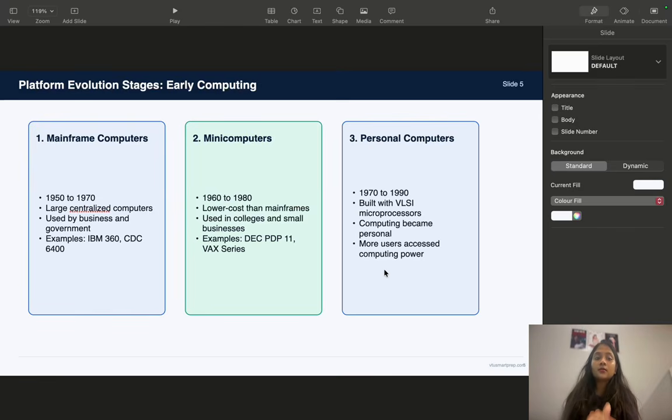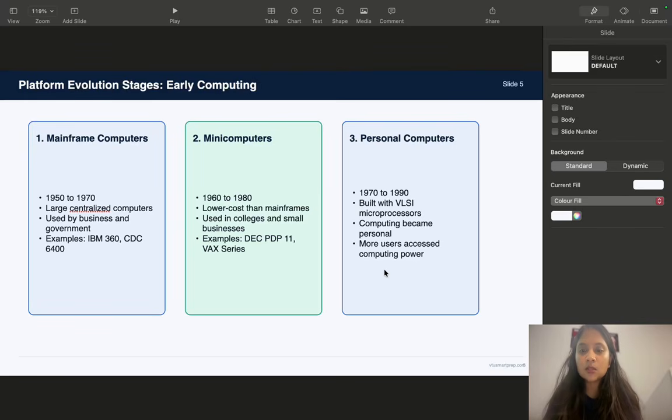Here I talked about from mainframe computers to minicomputers, and from minicomputers to personal computers, and how it came, from 1950 to 1970, from 1960 to 1980, and from 1970 to 1990.